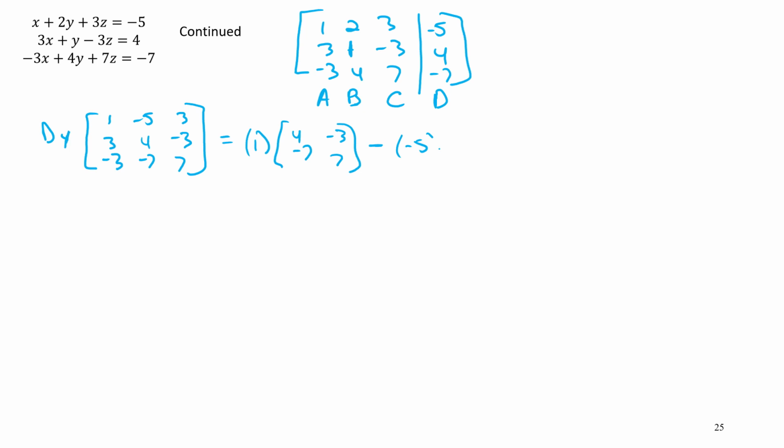So we get the negative 5, and we would have the small matrix of 3, negative 3, negative 3, 7. Plus our C, which in this case is 3, and replace, we would get 3, negative 3, 4, negative 7.